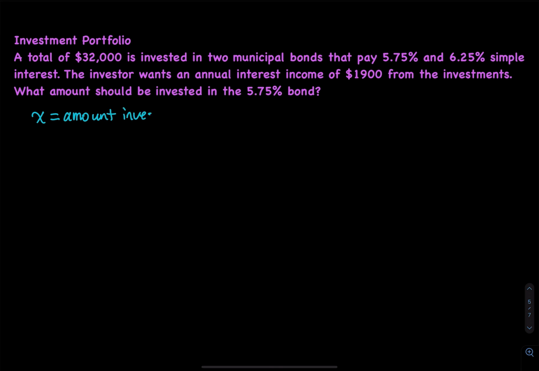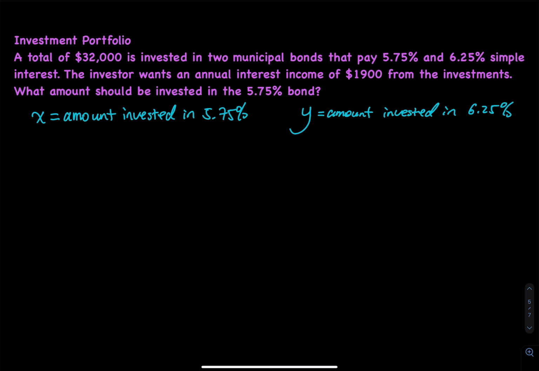And then the second investment, y, equals the amount invested in 6.25%.